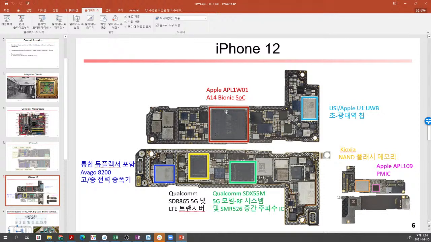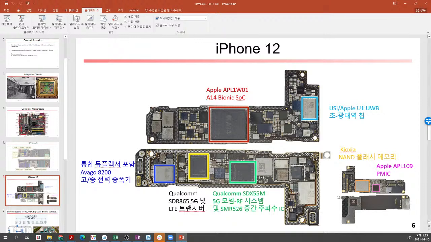On the right you have an ultra wideband chip that communicates with other devices. This is a wireless communication chip that transfers data to your TV or Bluetooth devices. You also need a big chipset that transfers the mobile data and voice.